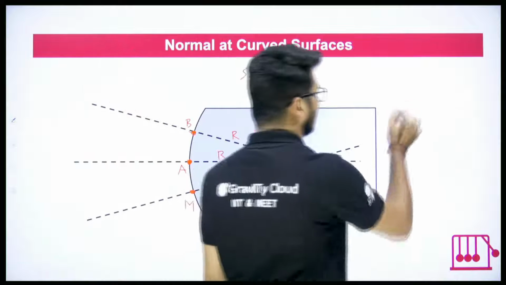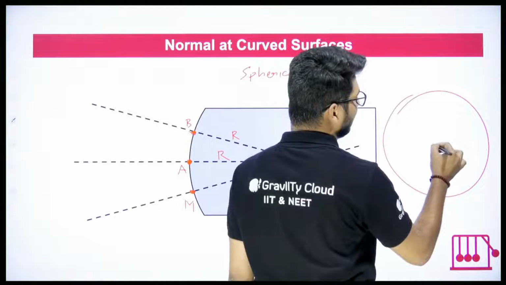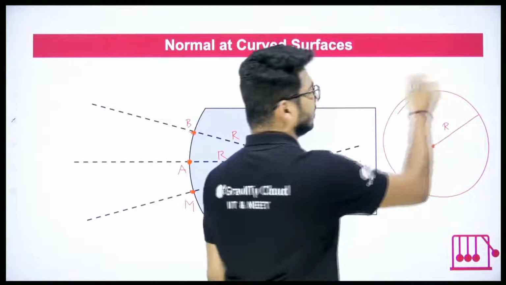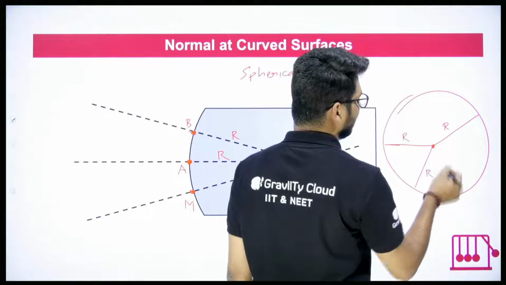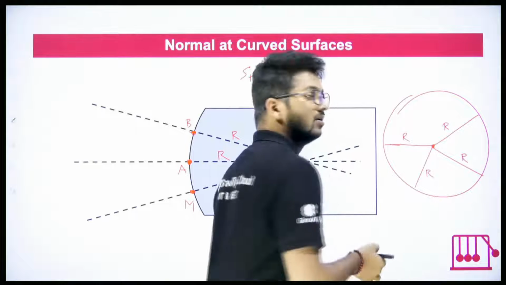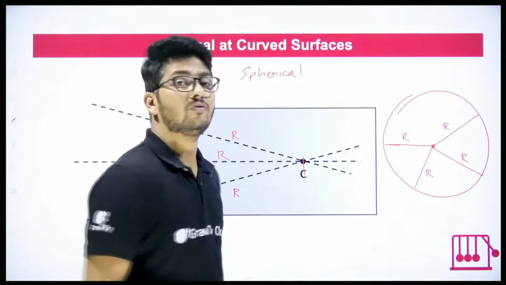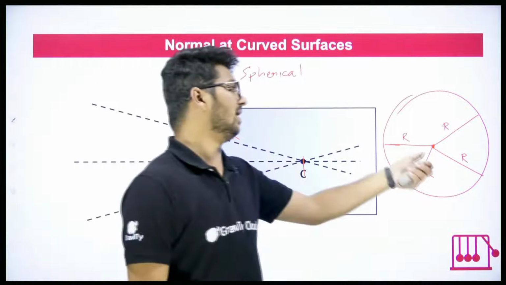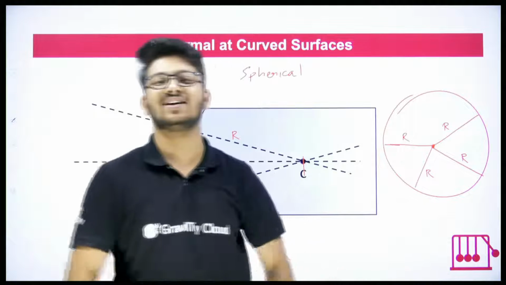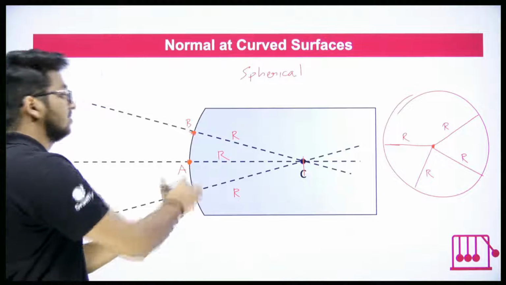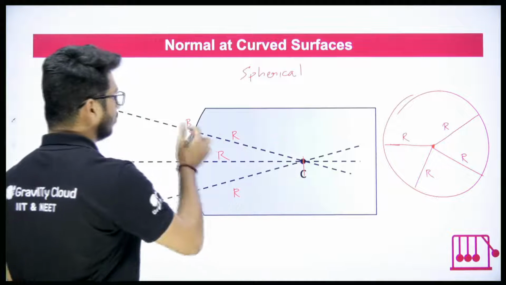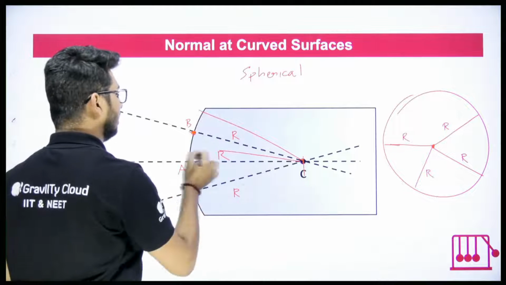Because if I have a circle, from the center to any point on the circle is nothing but the radius. The same is true for a sphere also. From the center to any point on the sphere, it is the radius. So even for this spherical curve, from the center to any point, I can draw till here, till here, till here.